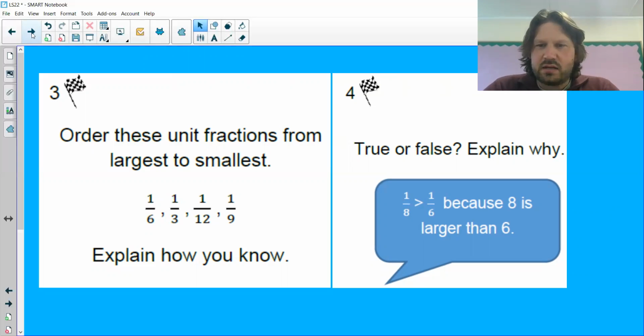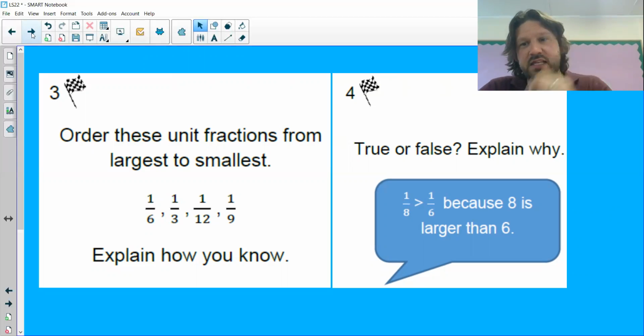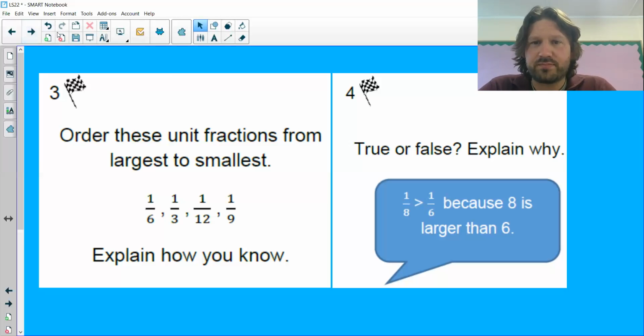Okay, and then you need to answer question number 4. True or false? And crucially, which we always forget, explain why. 1/8 is bigger than 1/6 because 8 is larger than 6. True or false? Explain why.